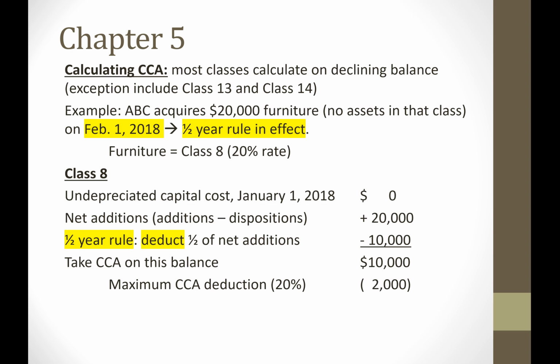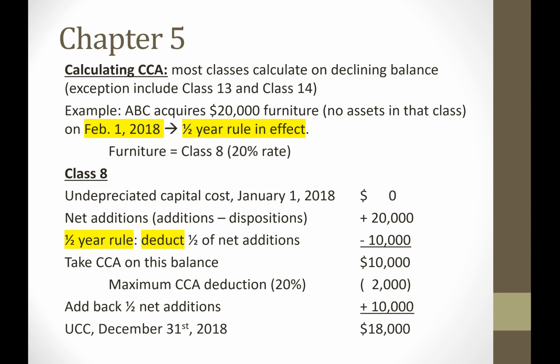However, moving on to the new year, before we actually close off this year, we have to add back that $10,000 that we took off up above, and that would bring us to the balance at the end of the year of $18,000. So that would be the amount that we would begin with in 2019. So that's an example of how the half-year rule worked. And now remember, once again, the half-year rule moving forward is no longer in effect, only in very limited situations.